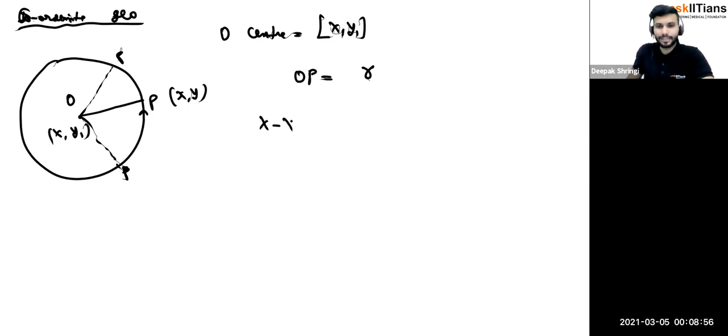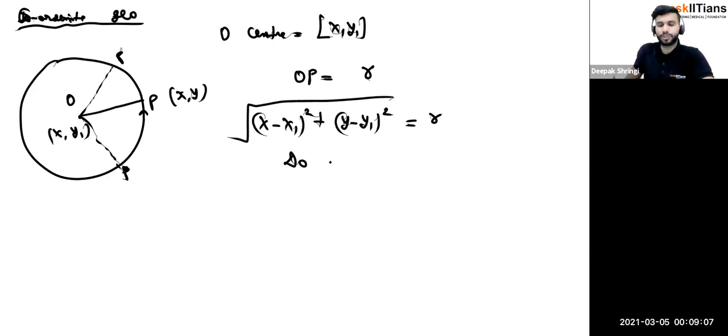So I get the square root of (x minus x1) whole square plus (y minus y1) whole square, right? I hope everyone remembers the distance formula, guys. And that is equal to R. If you square both sides, what do you get? You get (x minus x1) whole square plus (y minus y1) whole square equals R square.